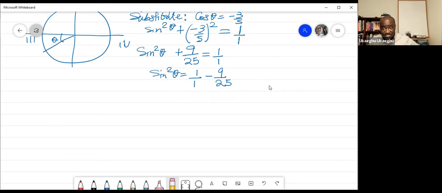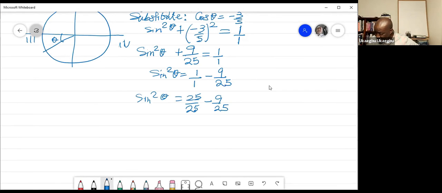So here's the simplest way of doing it. You have 1 over 1. So you can just make the denominator of this one to be 25 as well by multiplying the numerator and denominator by 25. So in that case, you are going to have 25 over 25 minus 9 over 25, and that's sine squared theta.